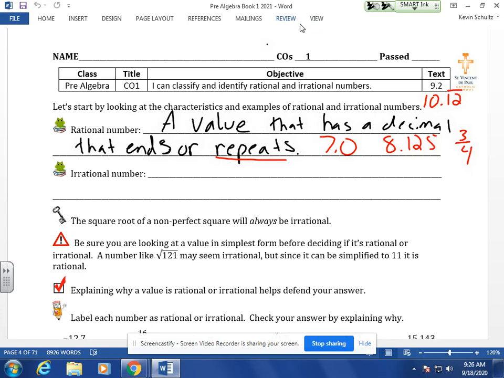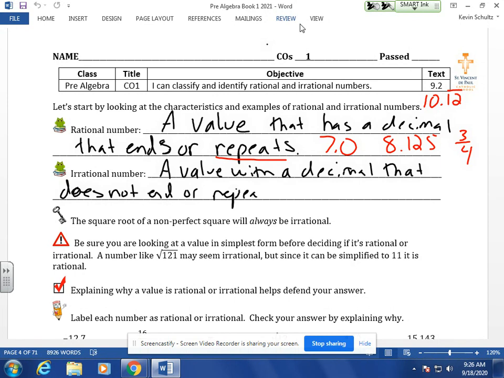Exactly the opposite. So a value with a decimal that does not end or repeat. Essentially, that decimal goes on forever. An irrational number is a value with a decimal that does not end or repeat.